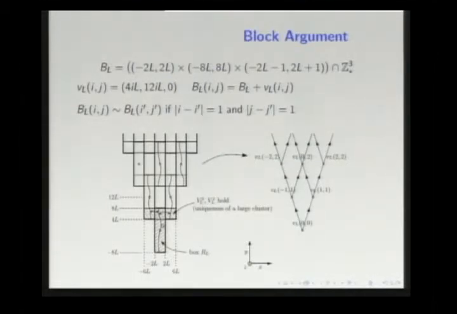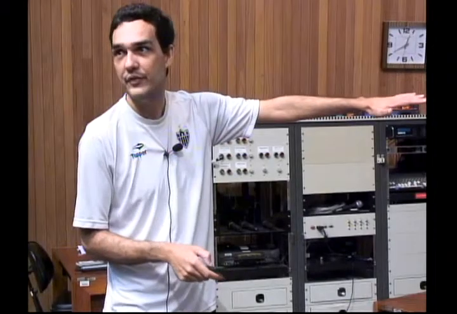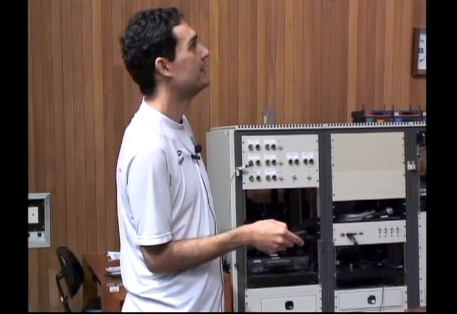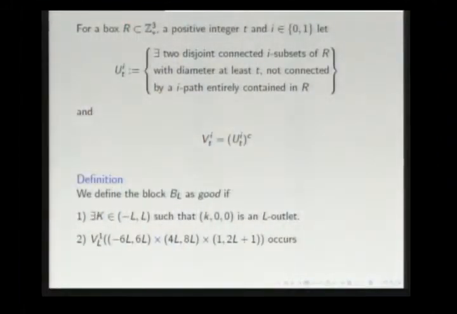Okay? This is due to the uniqueness of the infinite cluster. This small piece is large enough for this. Okay? And we have the same for the crossings of 0s in the first floor. This is the definition of a good block.